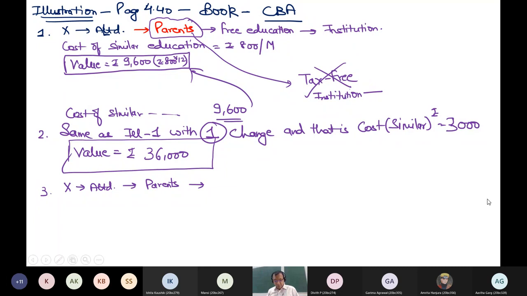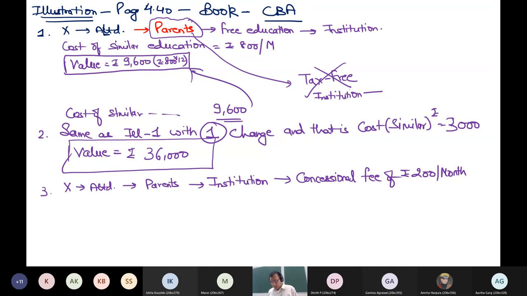I will say that it is provided in an institution, not free, but at a very concessional fee. Only rupees 200 per month. This is the only fee which the institution is charging. So it is not free. Can you tell me the answer in this case? How much value is taxable?